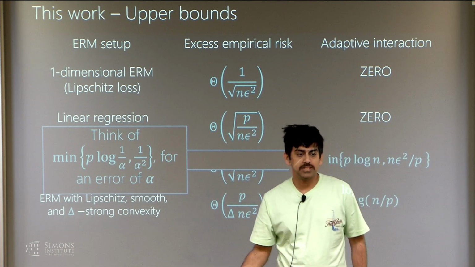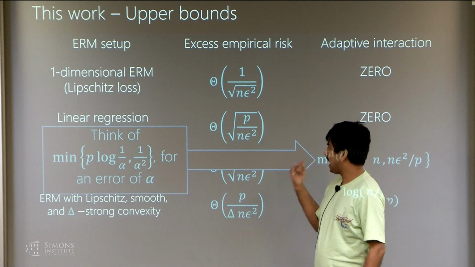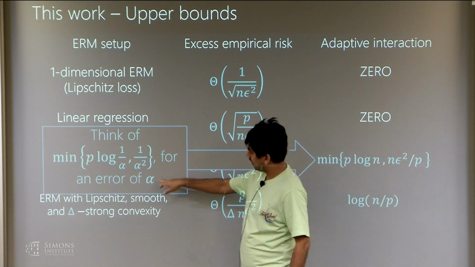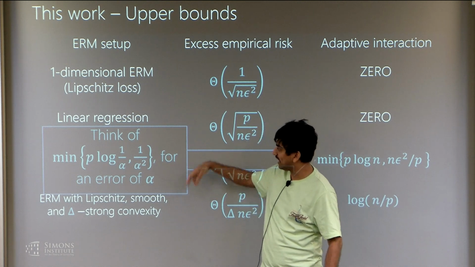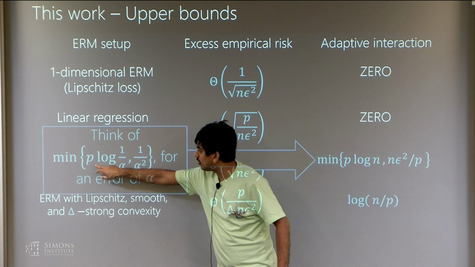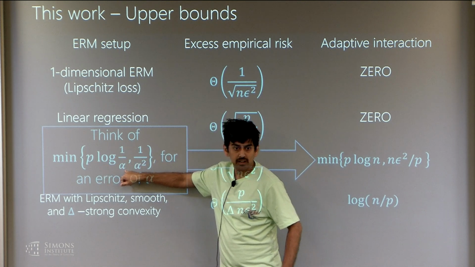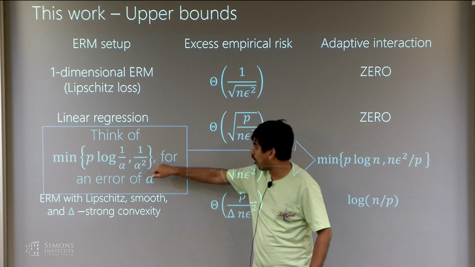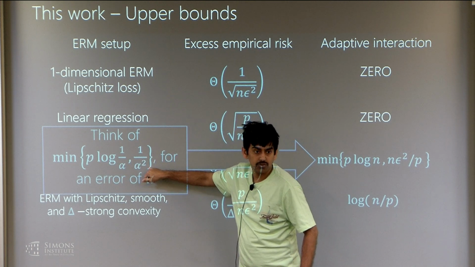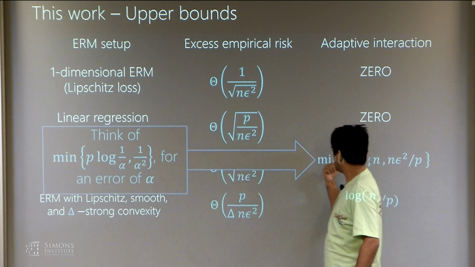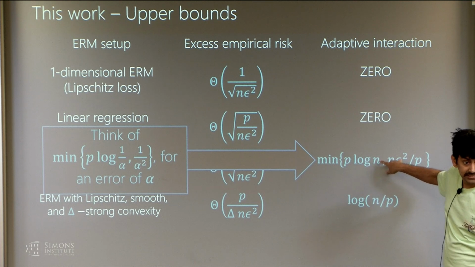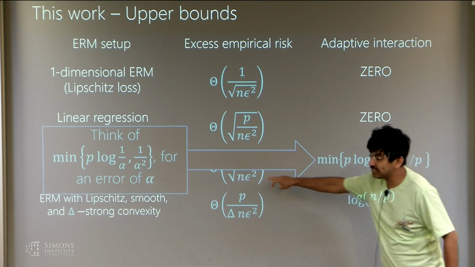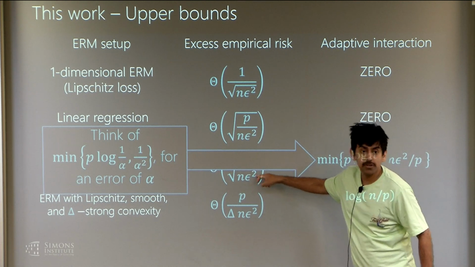If you have convex optimization problems, typically, if you want to reach an error of alpha in your optimization, then you would require roughly p times log of 1 over alpha rounds of interaction, or 1 over alpha squared, whichever is smaller. This essentially is the same term, given the accuracy you can reach is square root of p over n epsilon squared.